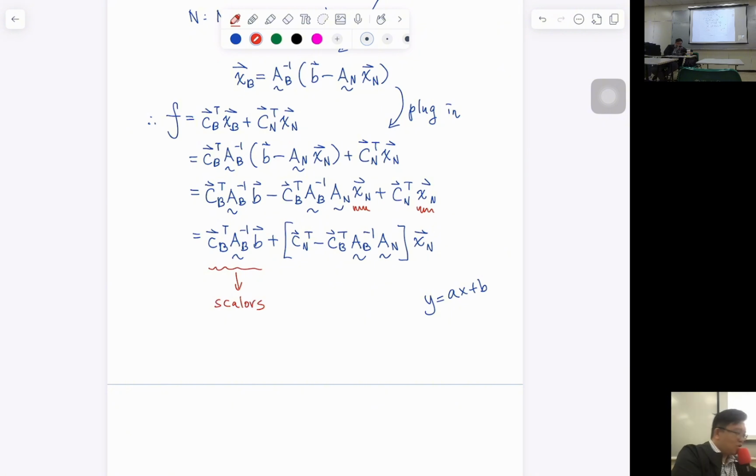No. Vector. Yeah, it's going to be a scalar, because the first one is a vector, matrix, vector, which is basically like a dot product between two vectors. So it ends up with a scalar.